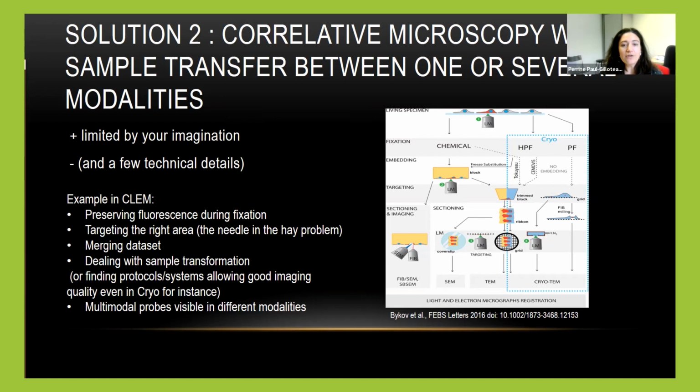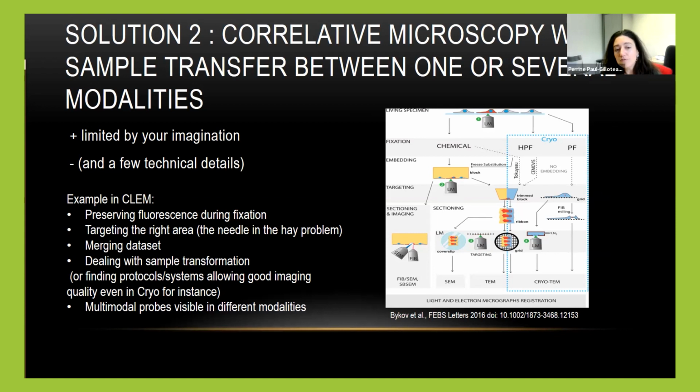There are still a lot of different points to be very careful about, like when you do the fixation of your sample, how you preserve the fluorescence, how you will target the white area, which is also known as a needle in the haystack problem, how you merge different information, the data set, how you can deal with the sample transformation or deformation, or maybe finding protocols which preserve the sample from deformation.